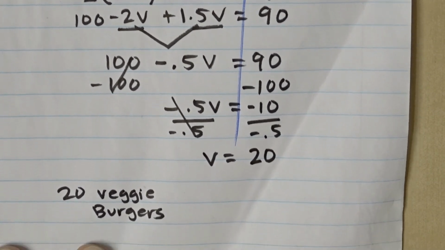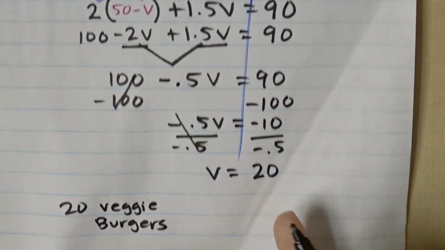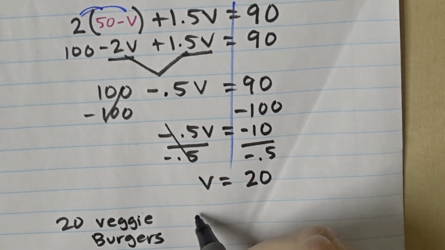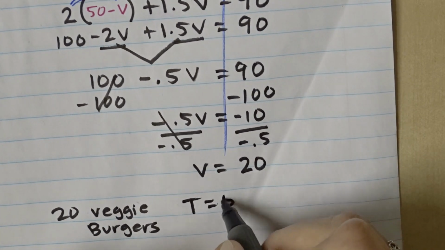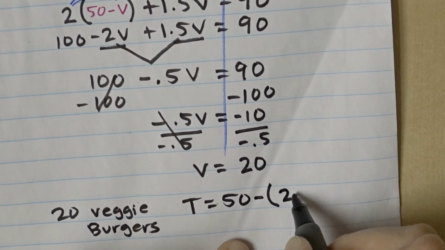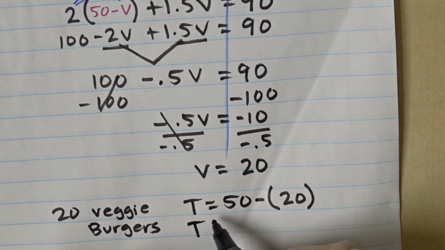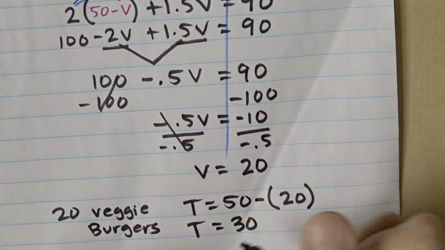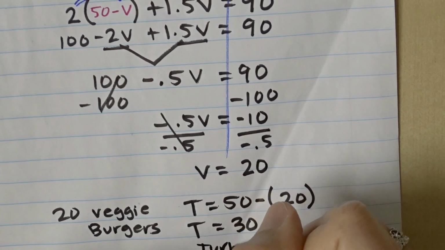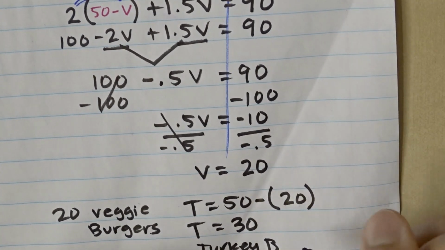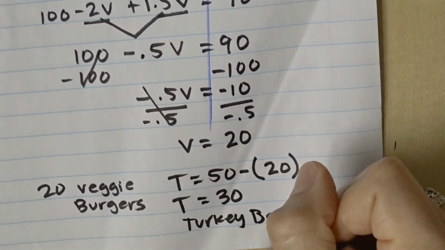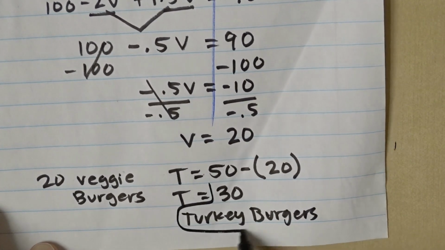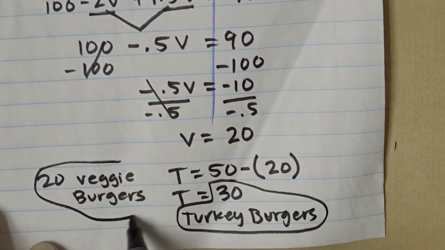And if there were 50 burgers altogether, you can go back over here. 50 minus 20 means our turkey burgers equals 50 minus 20. I'm sorry, 20 veggie burgers. So now we have 30. So 30 turkey burgers. There you go. So 30 turkey burgers and 20 veggie burgers.